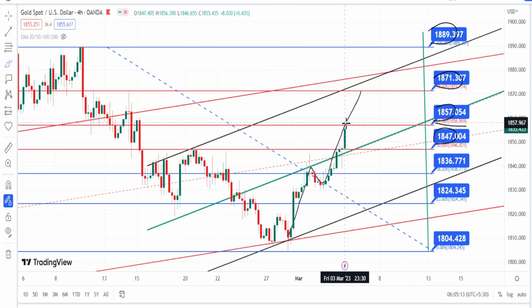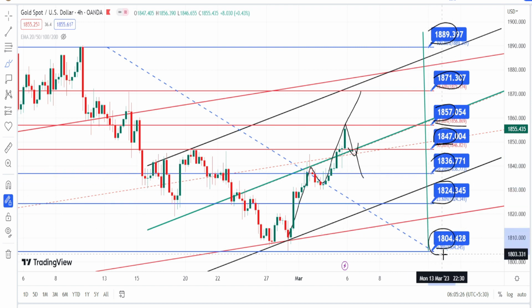And if the bearish side trend reversal happens, breaking this support level of 1847, next level of support is going to be around 1836, 1824 and 1804.